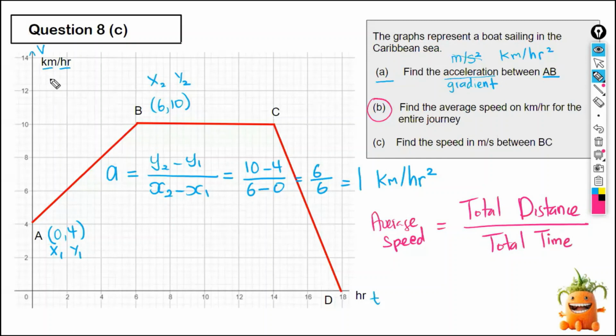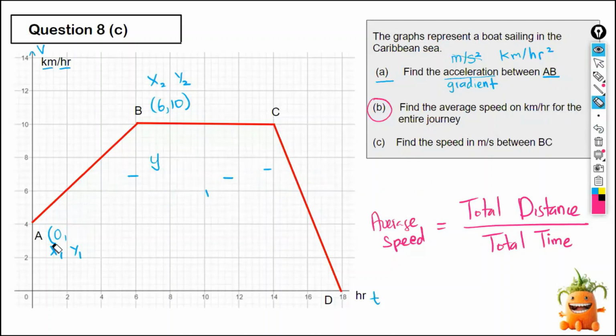Now, this is a velocity time graph. If you notice, they did not give us the total distance traveled by the object. In a velocity time graph, to find the total distance, you have to find the area underneath the graph. When you find the area underneath the graph, you will get the distance, but the distance will come out in kilometers, which is good because we want it in kilometers.